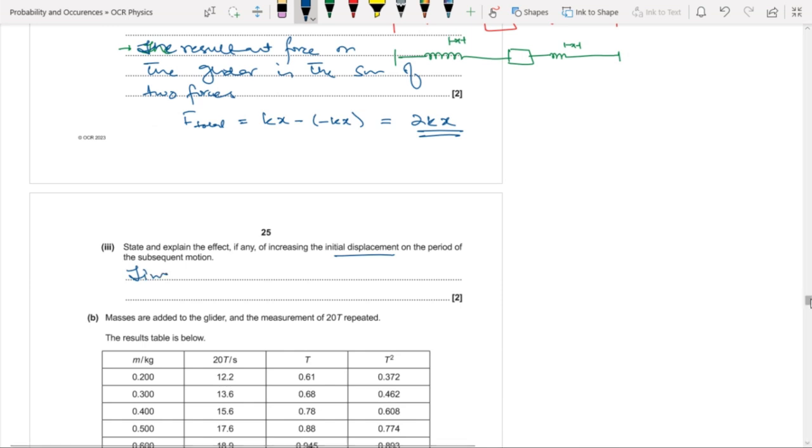So time period T is independent of initial displacement or amplitude. So it will have no effect.